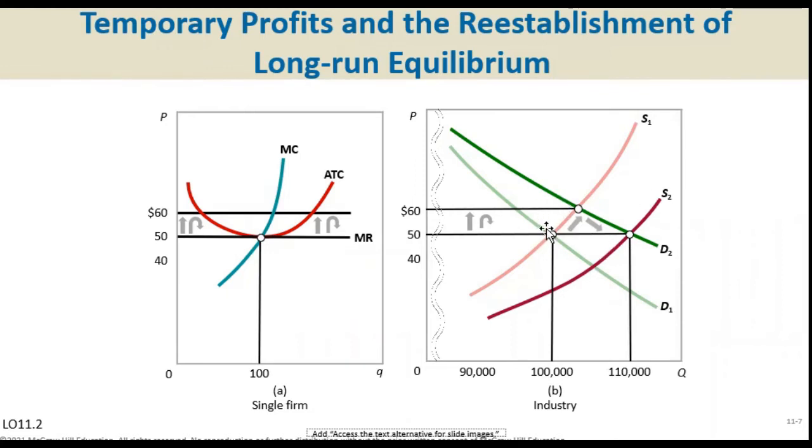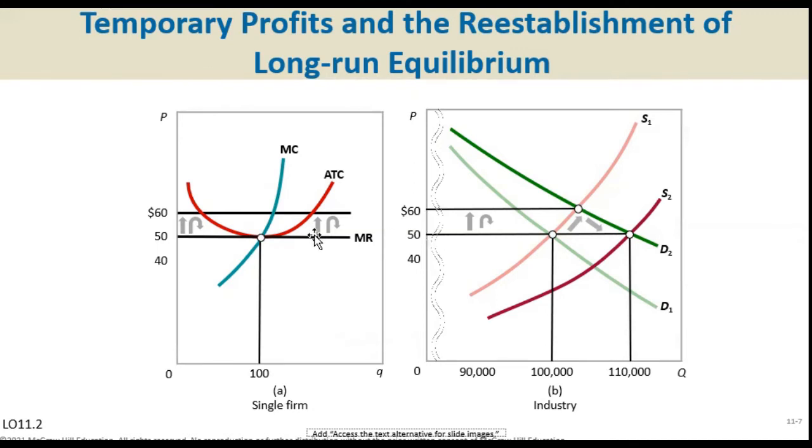So firms get into the industry, and as they do, the supply goes from S1 to S2, as they are producing more supply. Now the supply increases by pushing the supply curve from S1 to S2 and puts downward pressure on the price, and the price will come back again to 50.